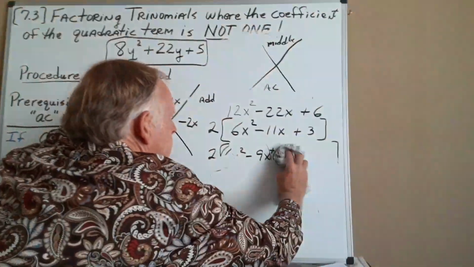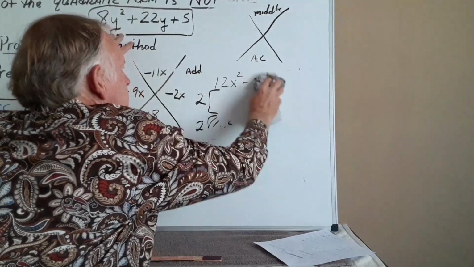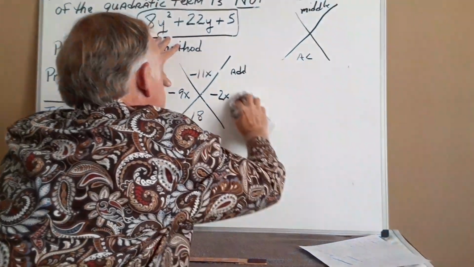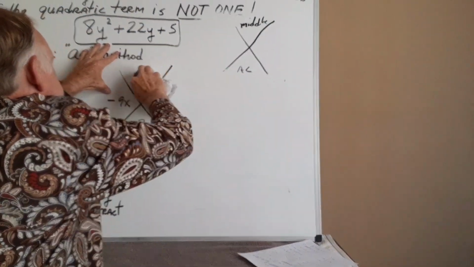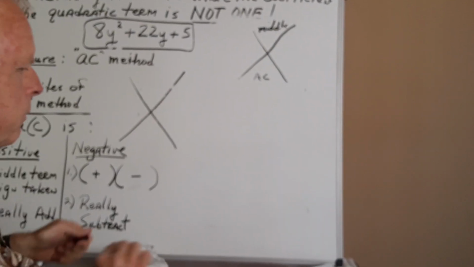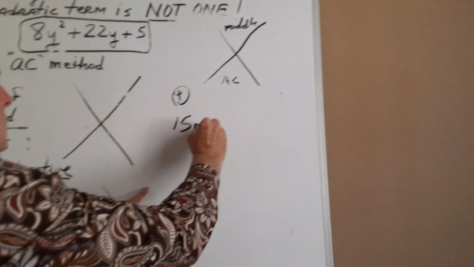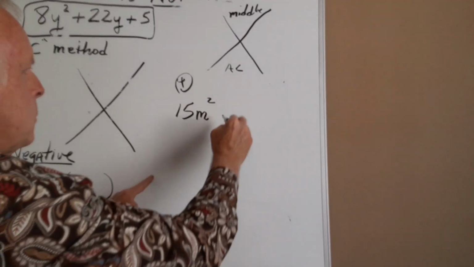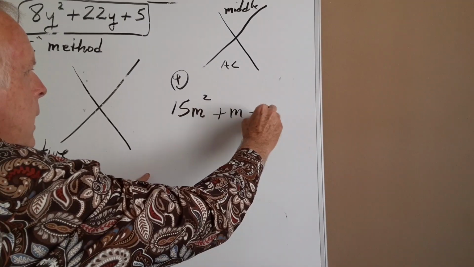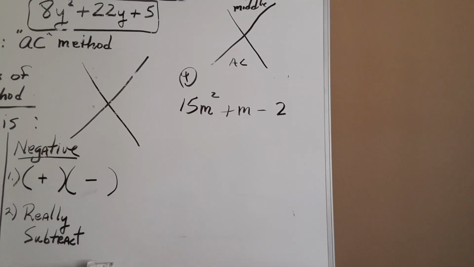Now, problem number 4, the sign of AC will now change. Number 4. 15m squared plus m minus 2.